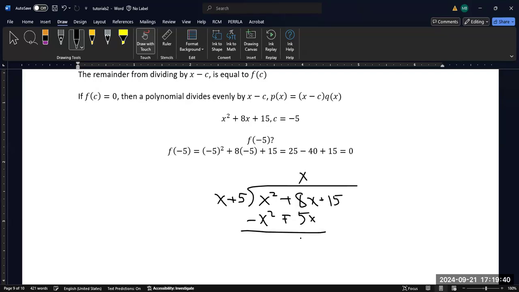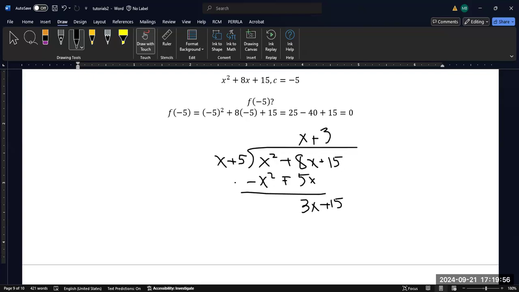And 8 minus 5 is 3x plus 15. Then I divide again. X goes into 3x 3 times. I multiply: 3 times x is 3x, and 3 times 5 is 15. I subtract, and I get a remainder of 0.